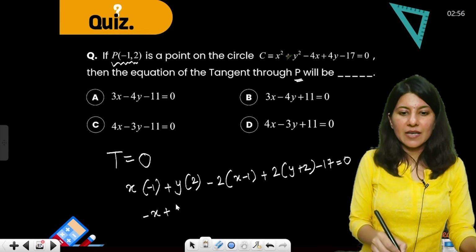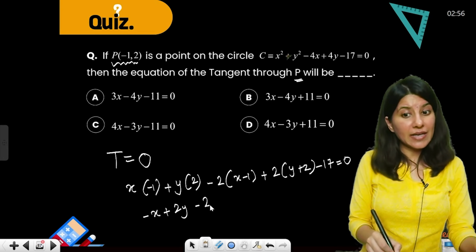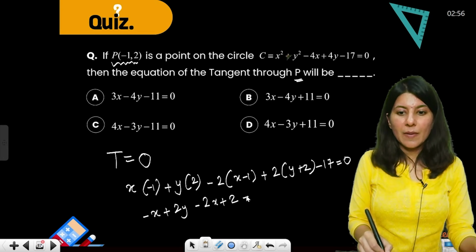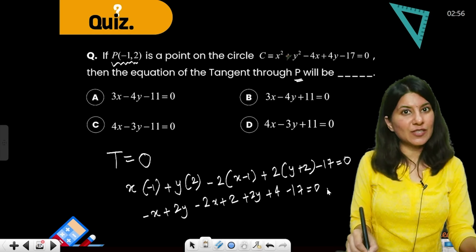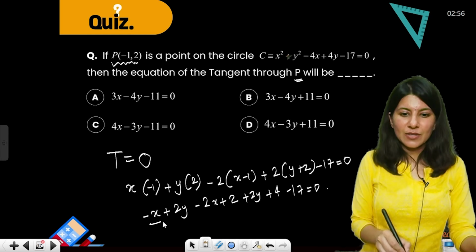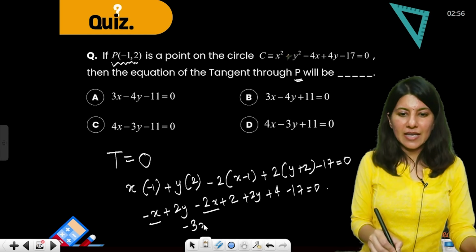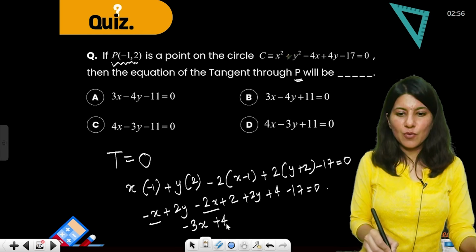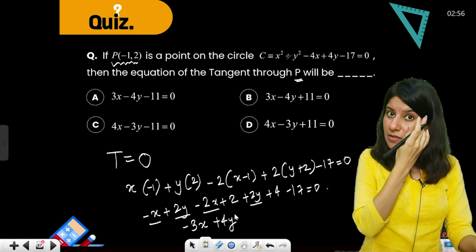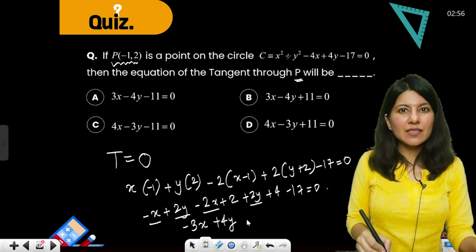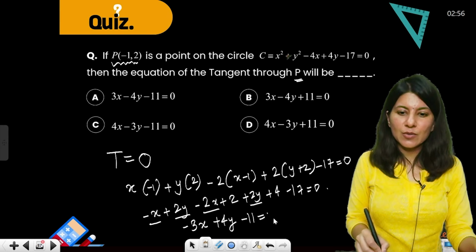Minus x plus 2y minus 2x plus 2 plus 2y plus 4 minus 17 equals 0. So this is going to be minus 3x plus 4y. Then we are having 2 plus 4, 6, minus 17. 6 minus 17 is minus 11 equals 0.